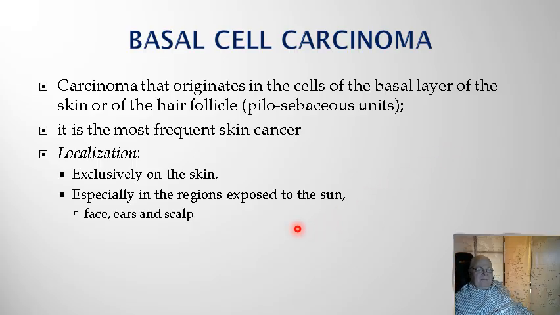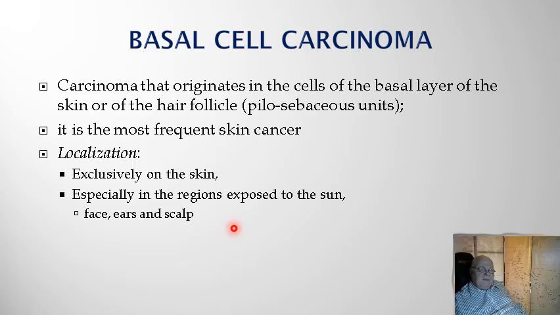It mostly appears on those surfaces of the skin exposed to the sun, being related with UV radiation, and obviously more frequently in those who are exposed, being workers in outside environments, workers in sunny countries.